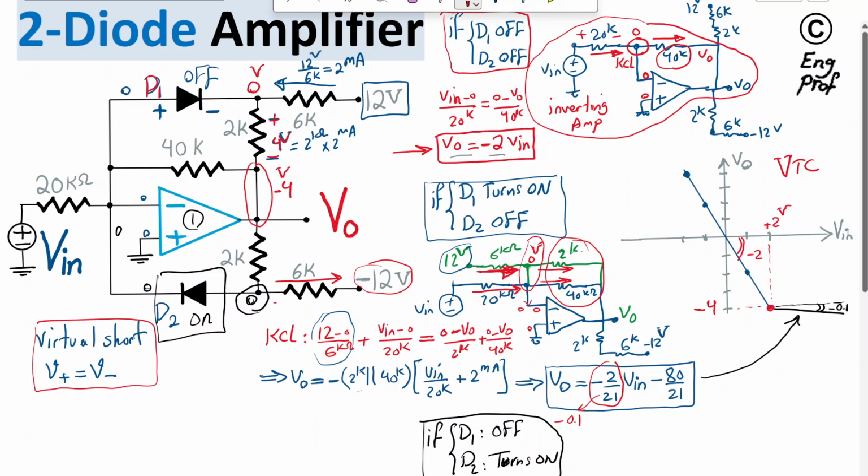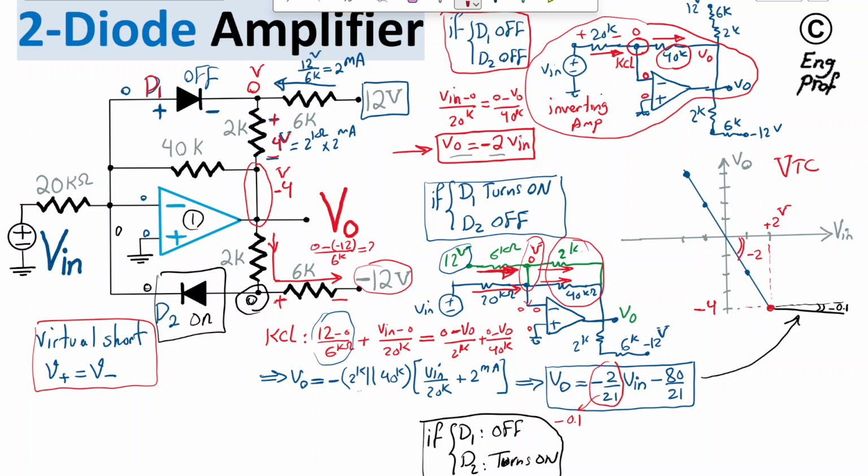At that moment, this whole current should come down from V out via 2K. The current going through this 6K is easy to compute. It results in a voltage drop across 6K, which is 0 minus negative 12, so 0 minus 12 divided by 6K.